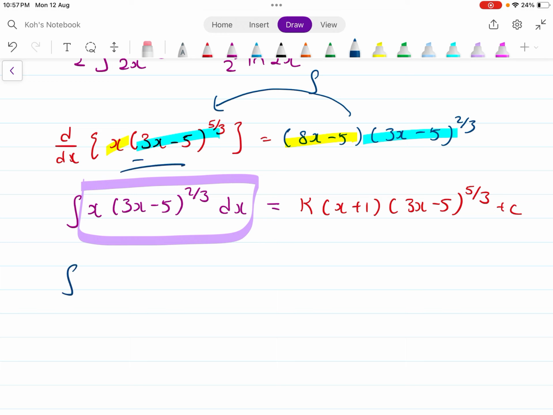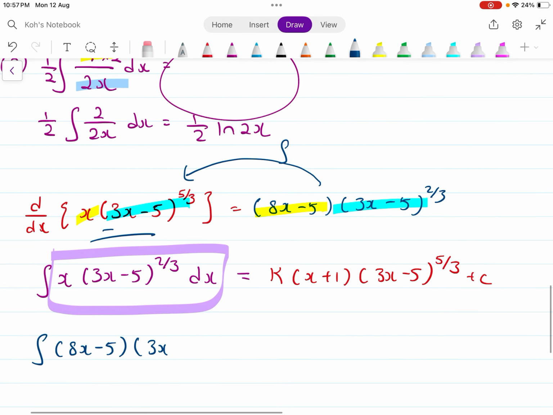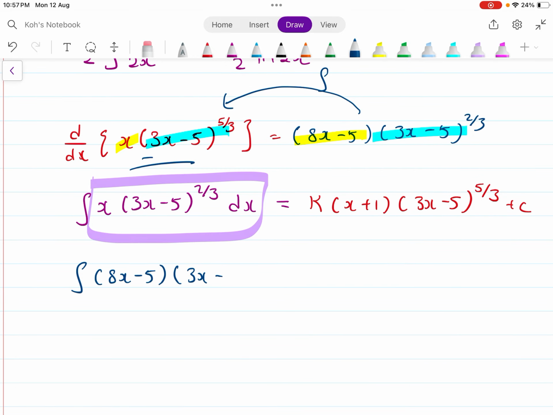So meaning I need to write down first, for example, 8x minus 5, then 3x minus 5 to the power of 2/3, dx. Then after that, of course, I'll get x (3x minus 5)^(5/3).